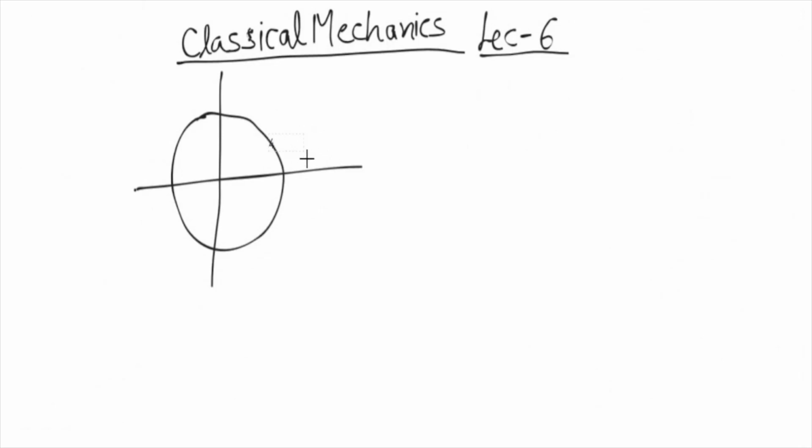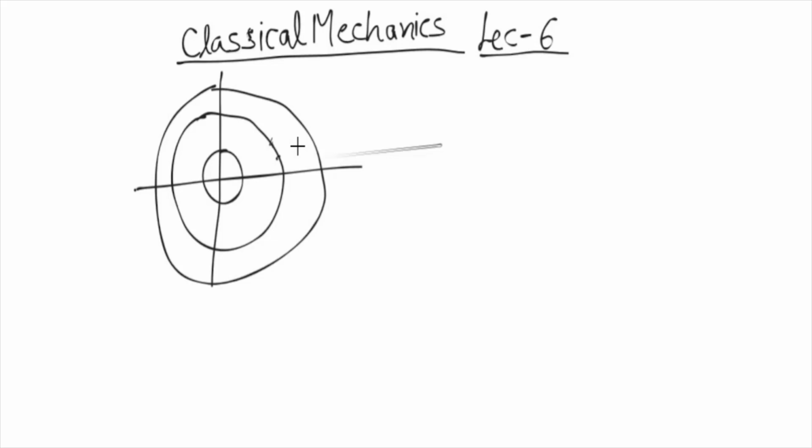Here we can say that all motion of the particles is in cycles. Suppose this is one cycle, this is the second cycle, and this is the third cycle. And suppose one particle is here, then the motion of the particle is in cycles. These are different cycles and you never jump from here to here or here to here. If you are here, then you will move only here.